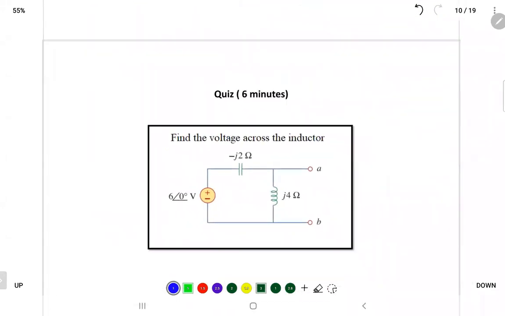All right, let's have a quiz now. 6 minutes. Get your paper, write your name, and it's a simple problem. We need to find the voltage across the inductor.